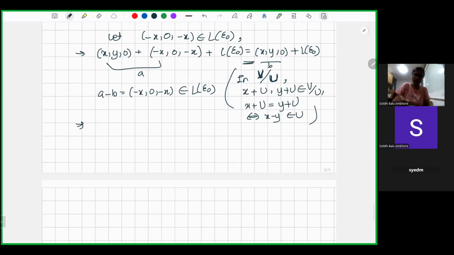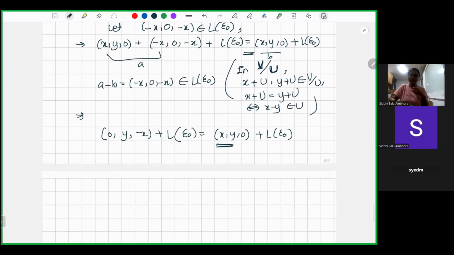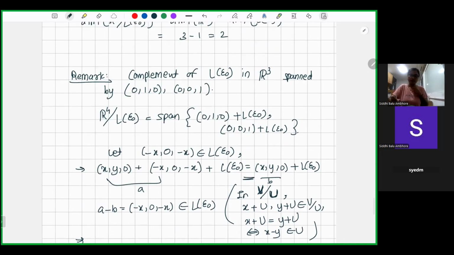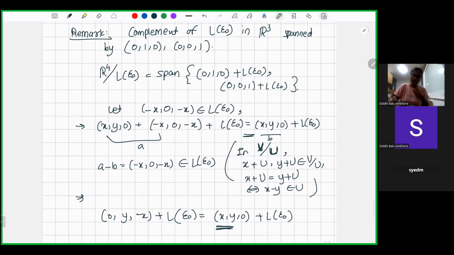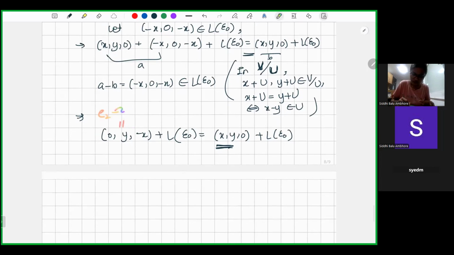And if I add these elements, I get 0, y minus x plus L epsilon naught, which is equal to x, y, 0 plus L epsilon naught. So this element is also of the form of these elements here. This is of the form E2 plus L epsilon naught and E3 plus L epsilon naught.